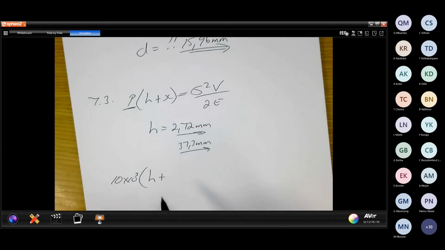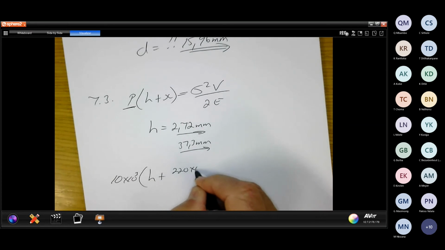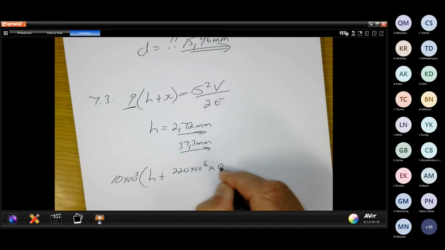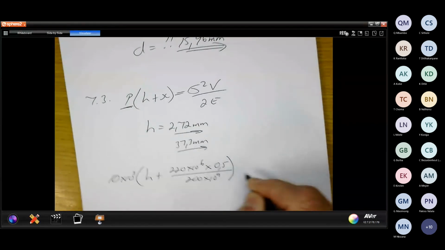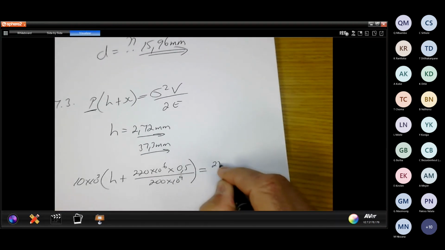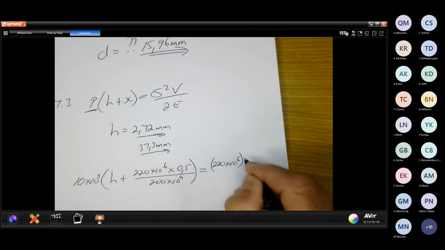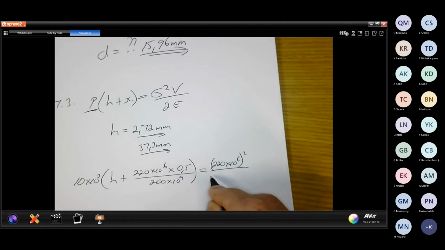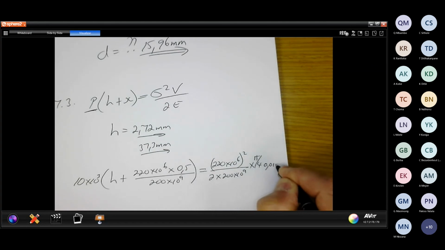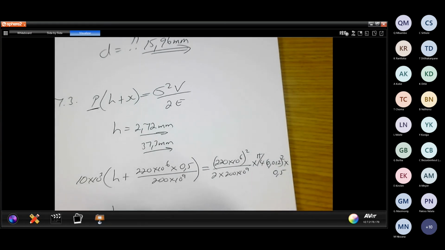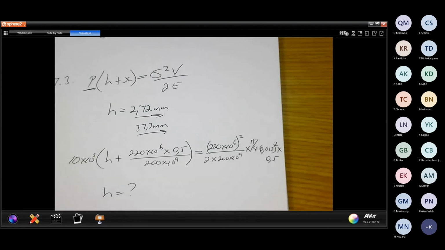For my mechanical change it is 220 times 10 to the power 6 times the length 0.5, divided by Young's modulus 200 times 10 to the power 9, equals to my stress: 220 times 10 to the power 6 squared over 2 times 200 times 10 to the power 9, multiply pi over 4 times 0.012 squared, multiply 0.5. And now we're looking for the height.